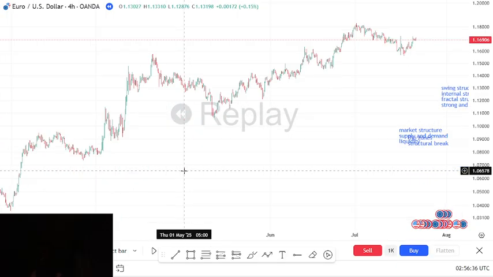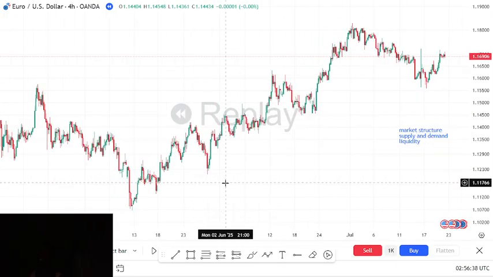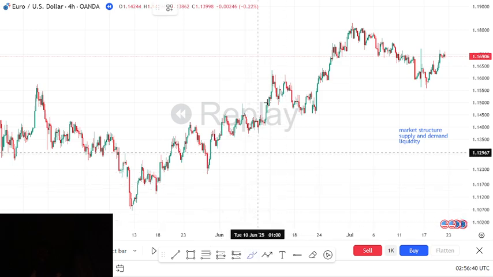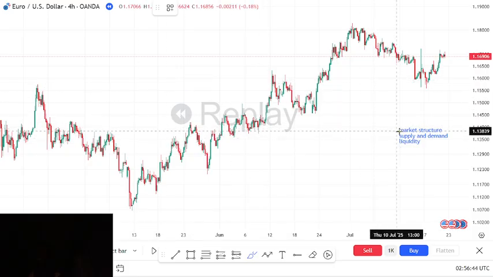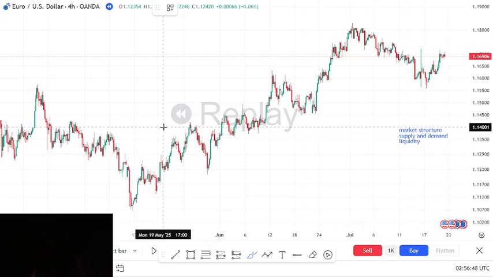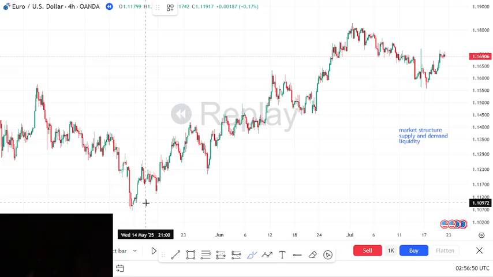So looking at this structure, you can see we had the same structure. With the market structure, the first thing that I have to identify is my swing structure, my active swing range. What is the current swing range that I'm trading within?